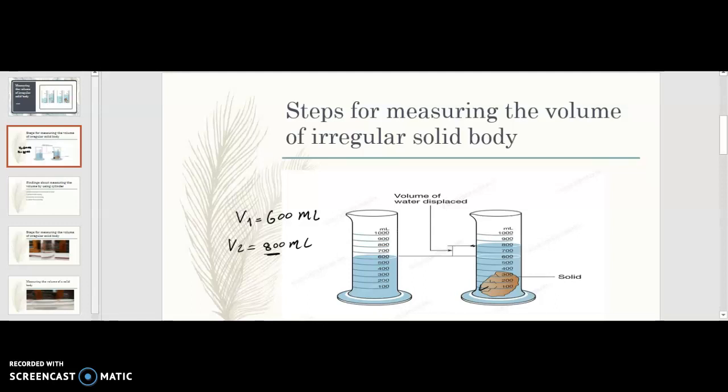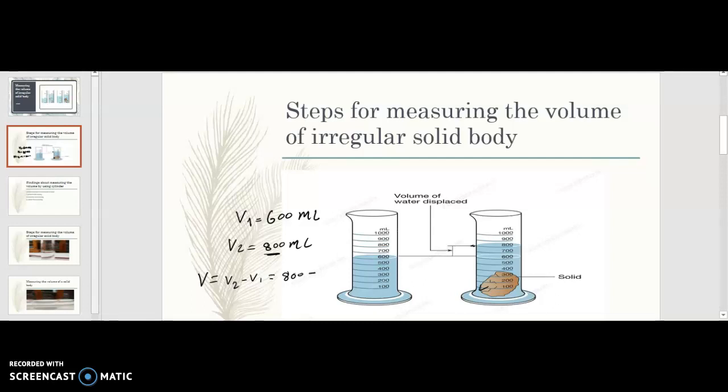So we will get the volume for the stone by subtracting V2 minus V1. V2 represents, as I said, the stone and the water.